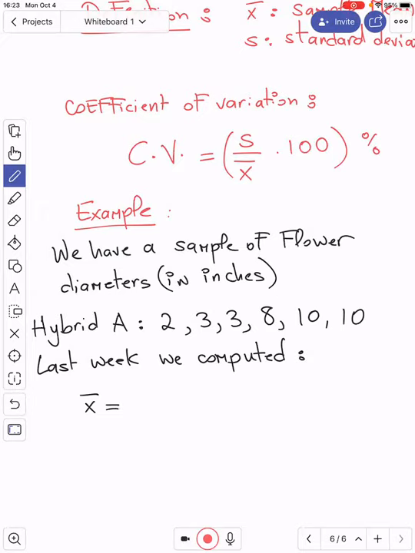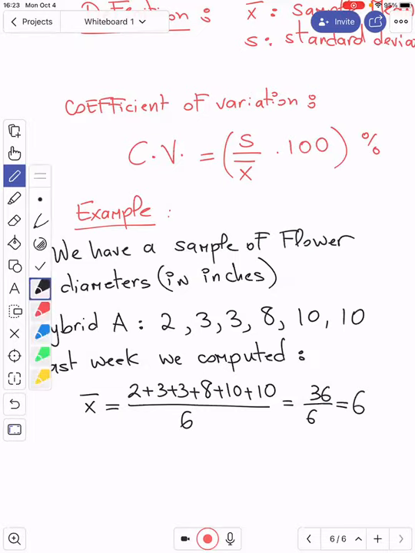That's the sum of all the data values, 2 plus 3 plus 3 plus 8 plus 10 plus 10, over the size of the sample. We have 6 flowers, so we divide by 6, and this is 36 over 6, which is equal to 6 inches. That's the sample mean, 6 inches.